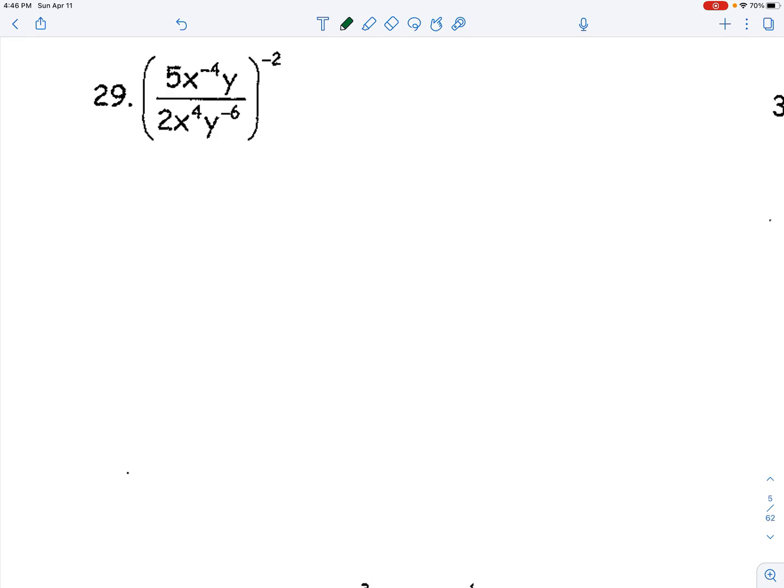You see that -2 on the outside? You want to make that a +2 by flipping the fraction. You can do that. Remember, the one thing here you can't do in one step is attack the negatives inside the parentheses along with the negative on the outside.